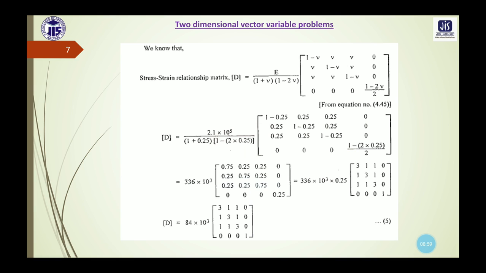Here in this matrix, we need to put the value of the Young's modulus, that is capital E, and the value of the Poisson's ratio, which are given in this numerical. After several steps of matrix multiplication, we can calculate the stress-strain relationship matrix, that is the D matrix, as equation number 5, which is 84 into 10 cube multiplied by a 4 by 4 matrix.